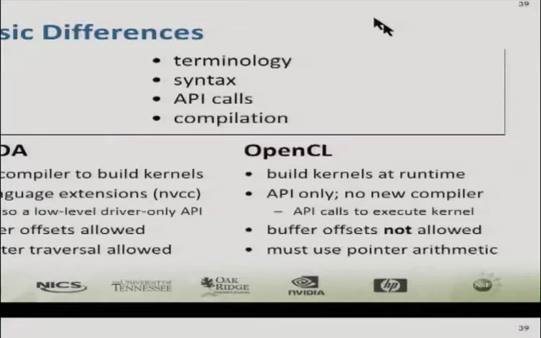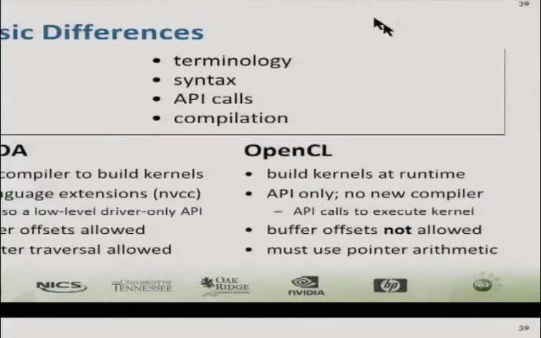You run NVCC, and it creates a fat binary that has those kernels stored in it. In OpenCL, you can build them statically, but you also have a call that you can make to compile a kernel at runtime. You could think about just-in-time code generation here, for a specific device or for specializing a particular kernel, and you could do that easily.